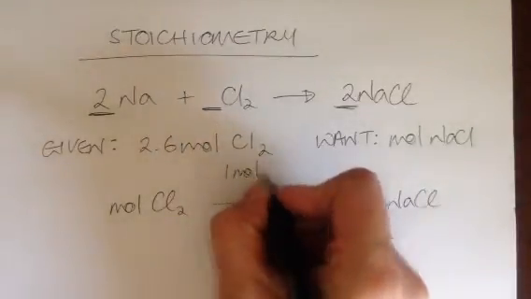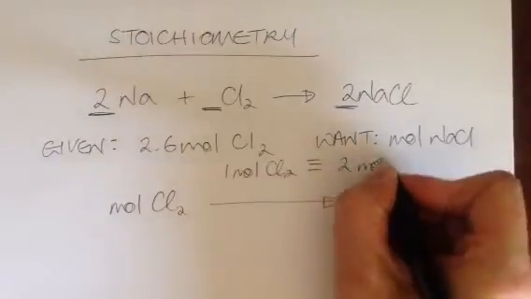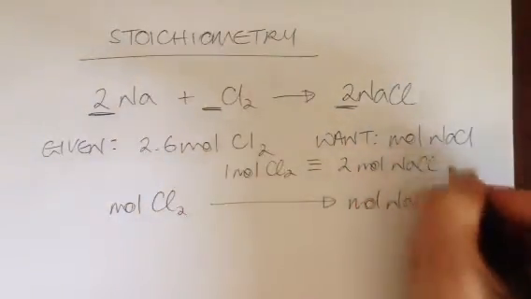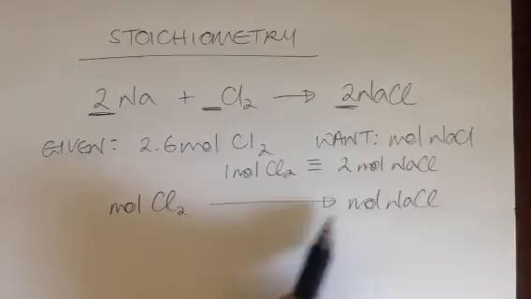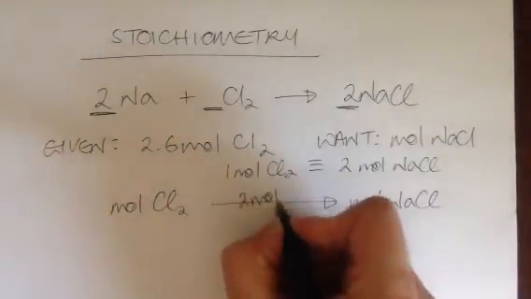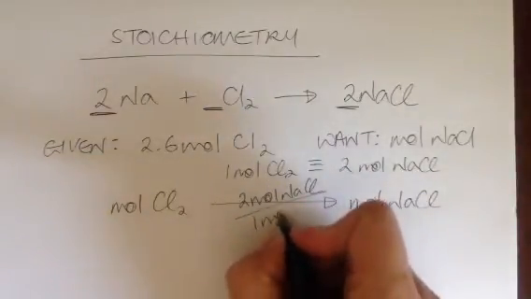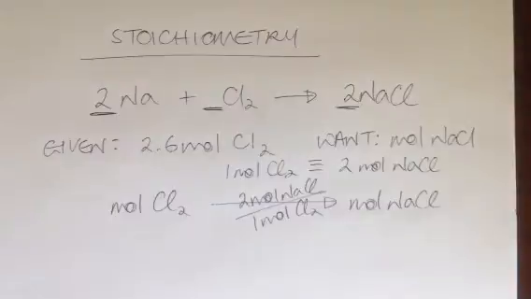So I could write it as an equivalency. But on my solution map, I'm going to write it as a fraction, and I want moles of chlorine on the bottom. So 2 moles of sodium chloride per 1 mole of chlorine.